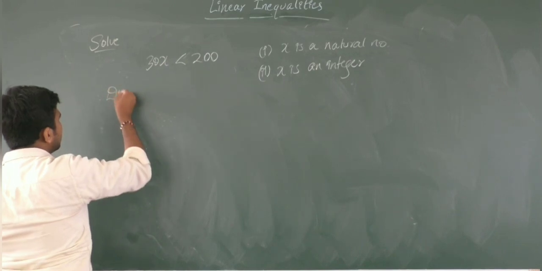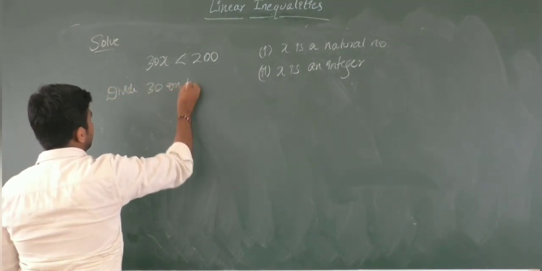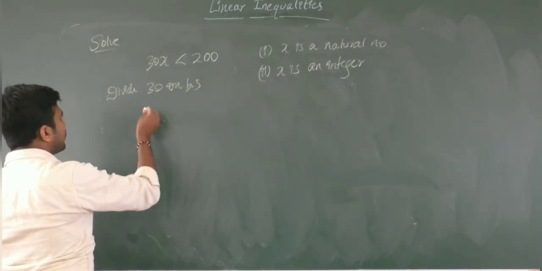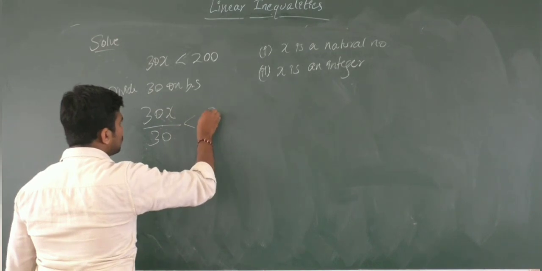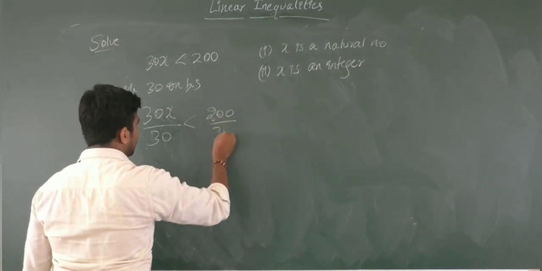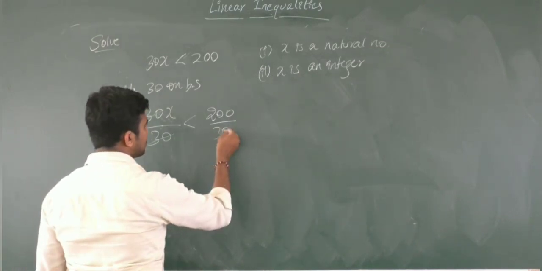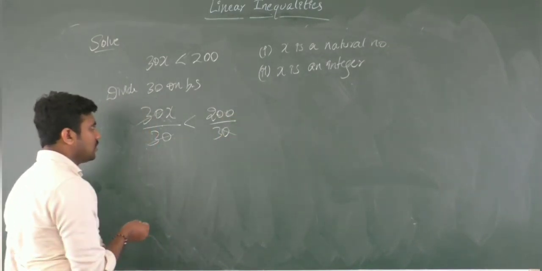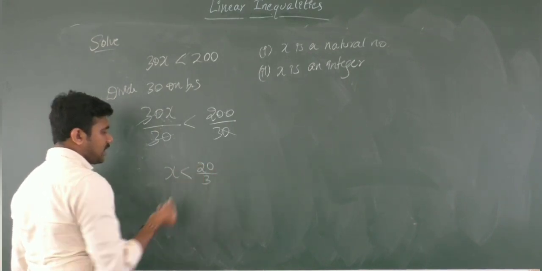First divide 30 on both sides. Then we get 30x by 30 less than 200 by 30. 30 cancels and this is nothing but 20 by 3. So x is less than 20 divided by 3.